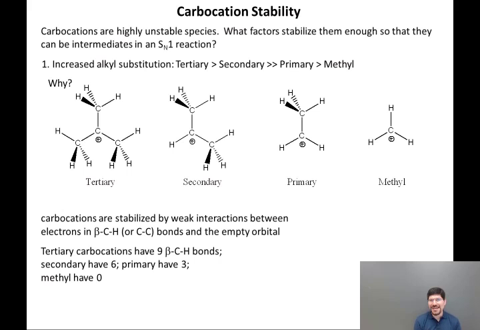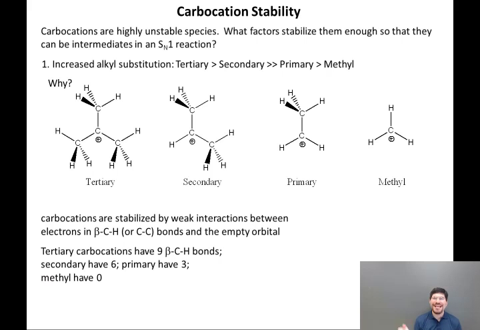With primary, it gets even worse. There are only 3 beta carbon-hydrogen bonds, so that carbocation's positive charge spends most of its time moping and can only occasionally be thinking about trying to steal electrons from a nearby bond. And the methyl is the absolute worst case. There are no beta carbon-hydrogen bonds.